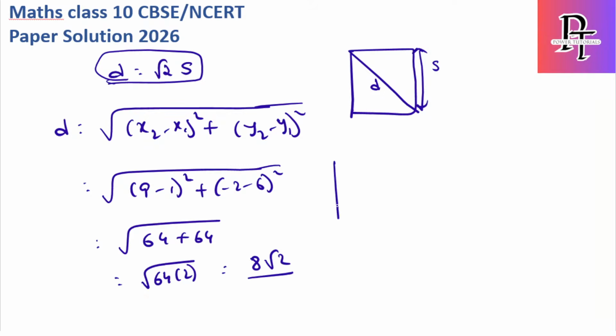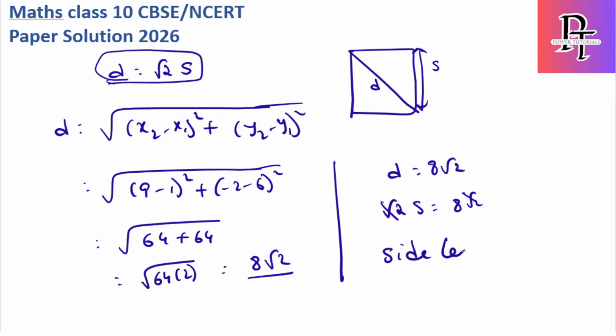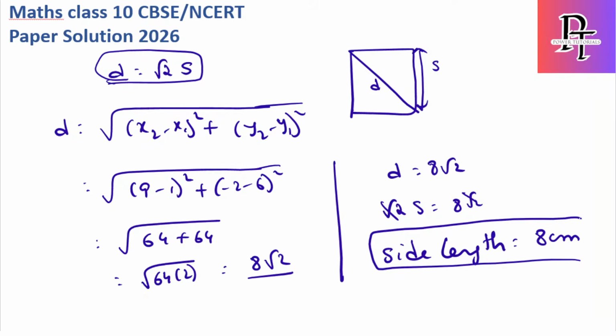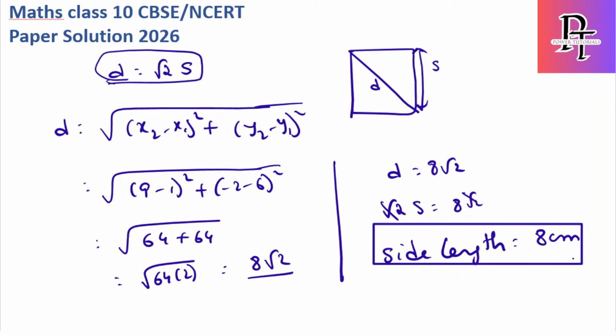So I got the diagonal d equal to 8 root 2. The relation I told: d is equal to root 2 s, so root 2 s is equal to 8 root 2. Root 2 gets cancelled out, so the side length of the square is equal to 8 centimeters. For this, we just have to remember the relation between the diagonal and side of a square, then you can easily solve this question.